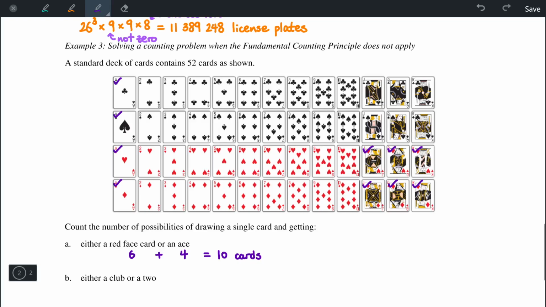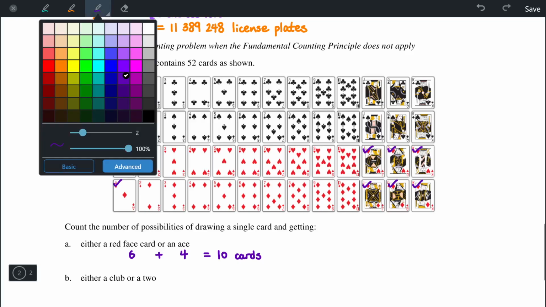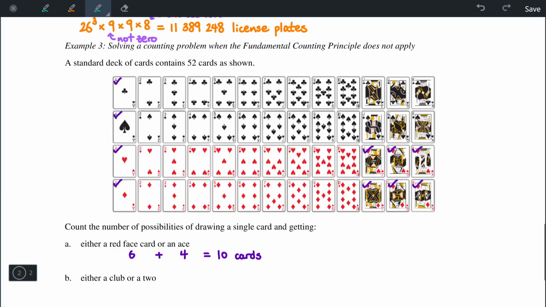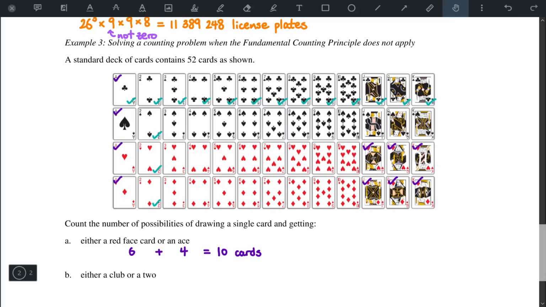Okay, next part, either club or 2. Okay, so let's change colors here. There are 13 clubs, so imagine these are all the clubs. I'm going to put check marks next to all of them. So 13 clubs, and then there are 3 more 2s that are non-clubs, and those are to be included.